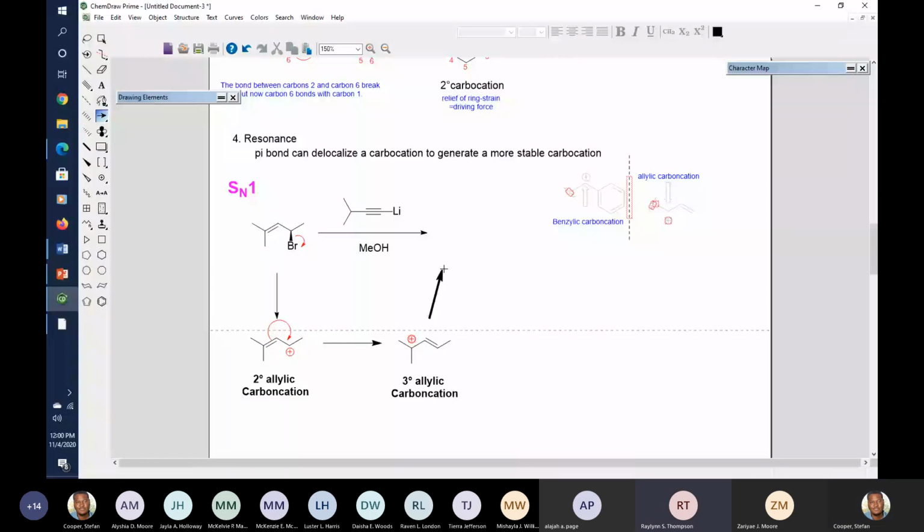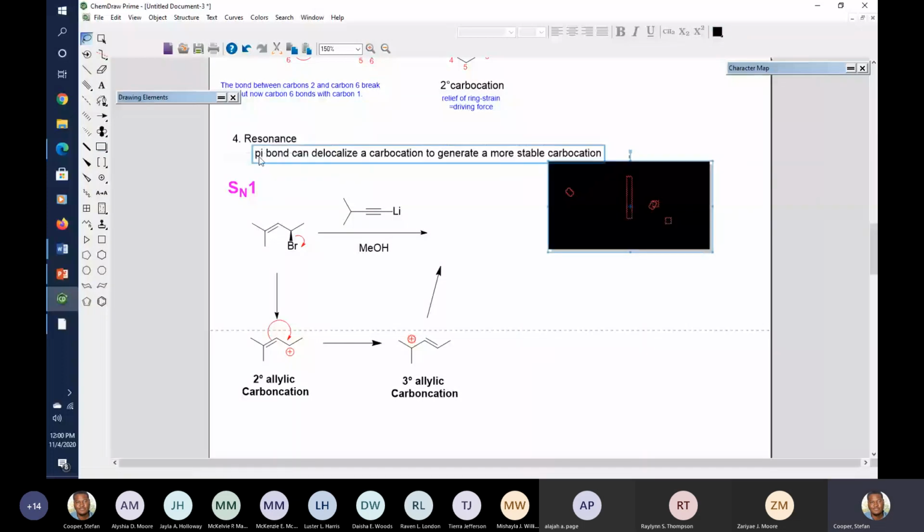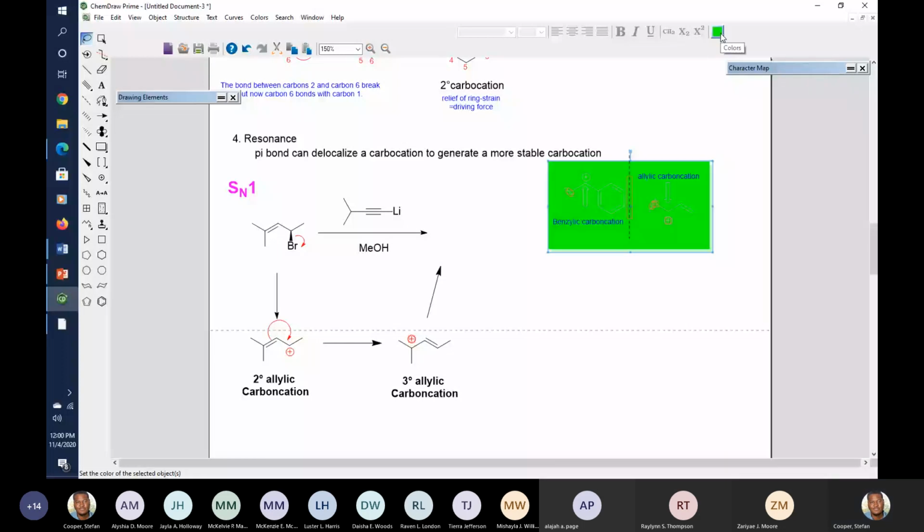Dr. Cooper, okay, go ahead. I don't know if it's just me, but when you turn your colors to that grayish on that white background, I can't see that. All right, I'll just change the background. Yeah, there you go. Something lighter. Okay, that's not going to work.